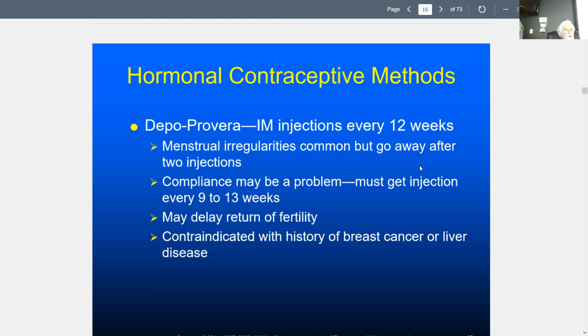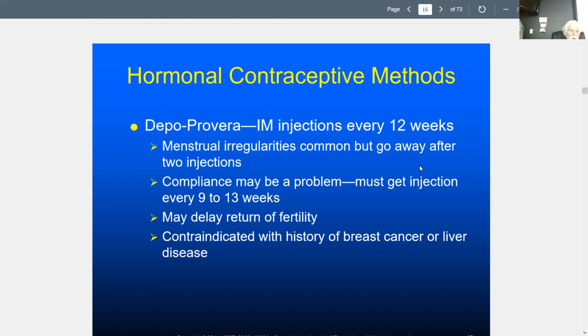People have complications. There's the one that occasionally will start to perforate the cervix, which is not good. So everything has its potential problems, and the key is finding something that works for you.